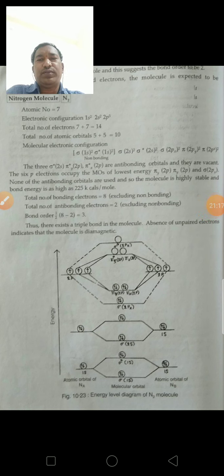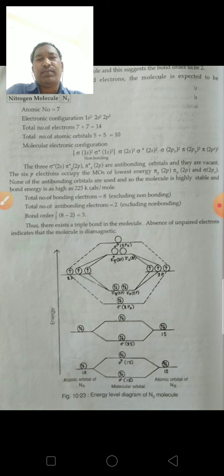So next, the nitrogen molecule. The atomic number of nitrogen is 7. So the electronic configuration of the nitrogen atom is 1s2, 2s2, 2p3. So the total number of electrons in the nitrogen molecule is 7 plus 7, 14 electrons.